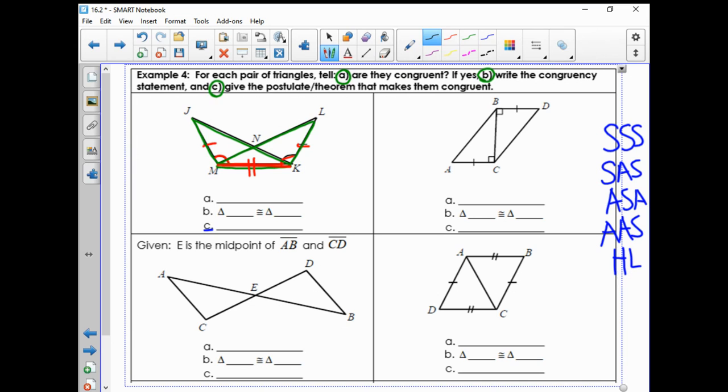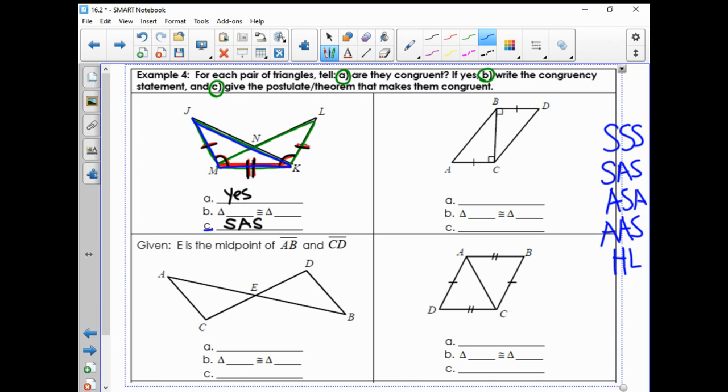Now I have a side, an angle, and a side. Also in this triangle I have a side, an angle, and a side. So these are indeed congruent by our side, angle, side theorem. Yes is the answer, and then you've got to write the congruence statement.